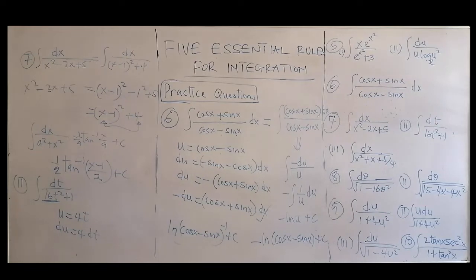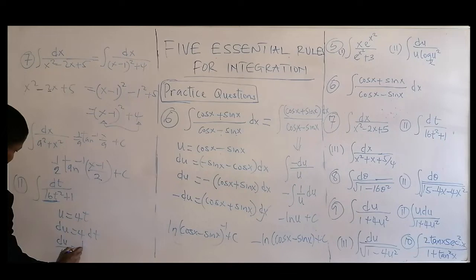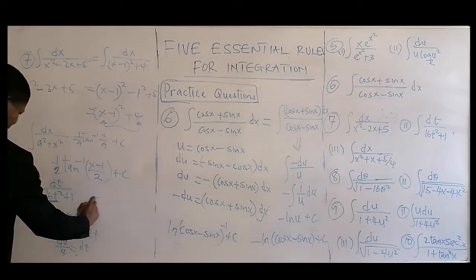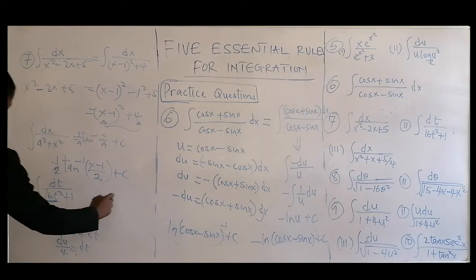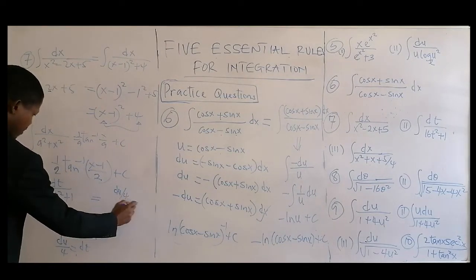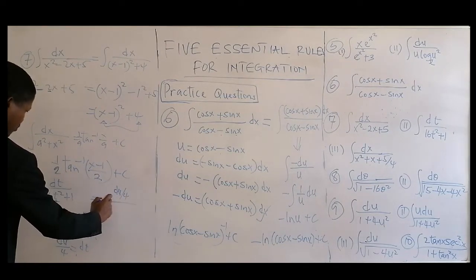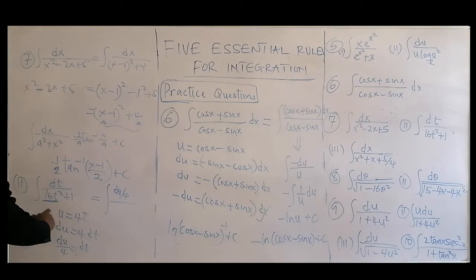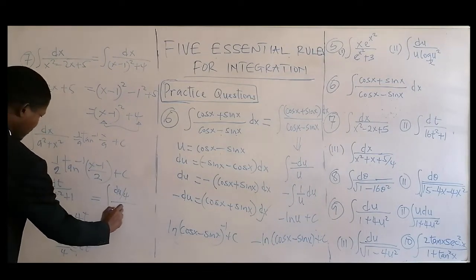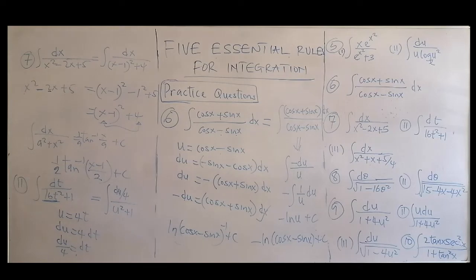Can you make dt the subject? So du over 4 equal to dt. So I can go back to my question, and this will become du over 4, over u squared plus 1.